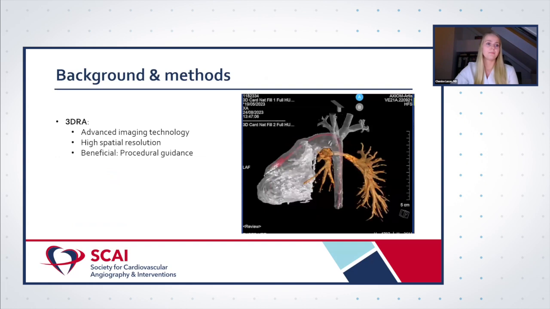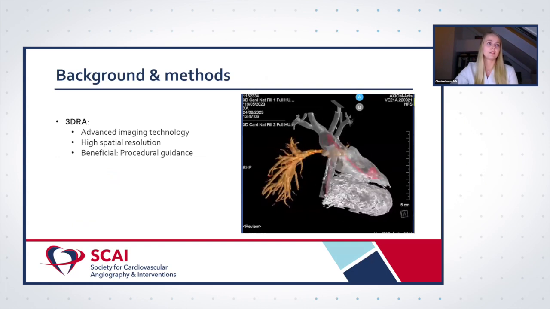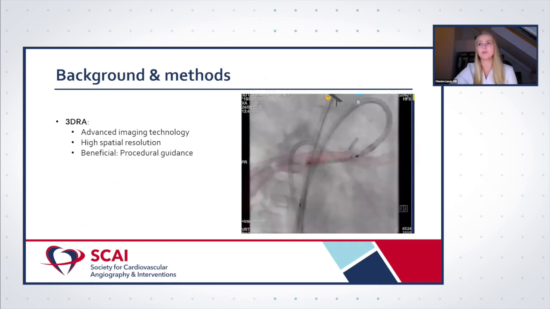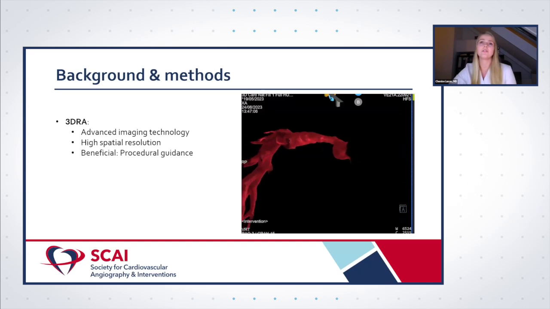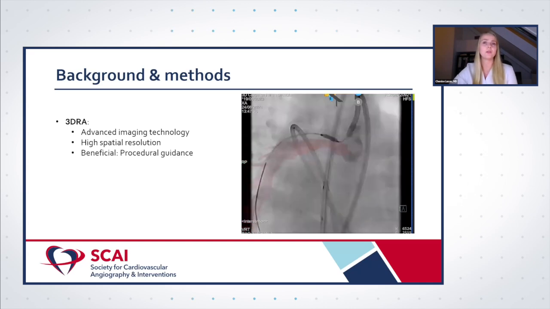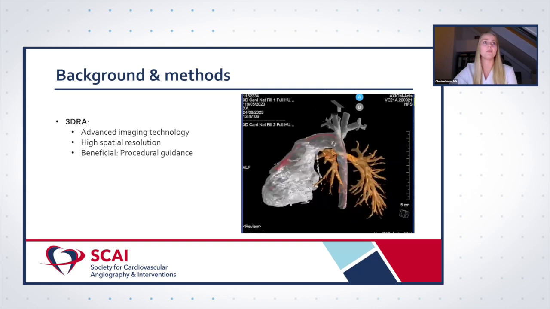Three-dimensional rotational angiography has proven to be an advanced imaging technology performing computed tomographic angiography during cardiac catheterization with computational conversion of the rotational angiography into a volume rendered data set.